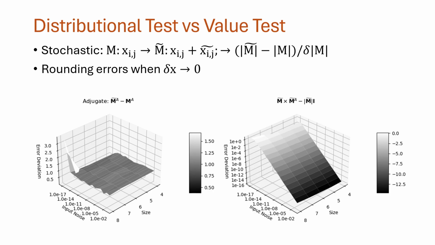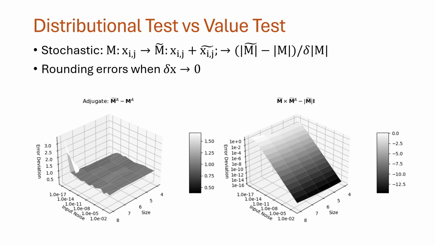In the value test, we can see the error deviation decreases linearly with the input noise, as shown here, and it is so for all matrix sizes. So these are the two typical tests we will encounter in using StatisticalTaylorExpansion.